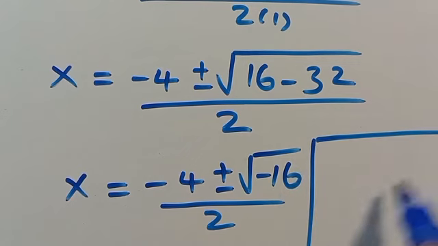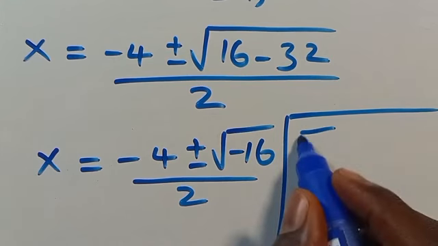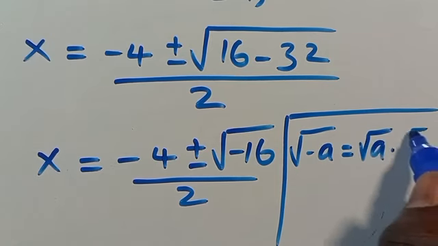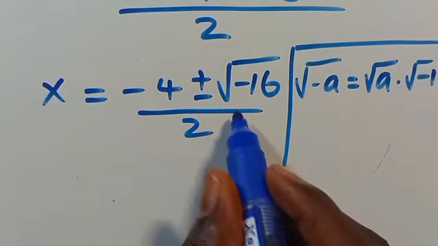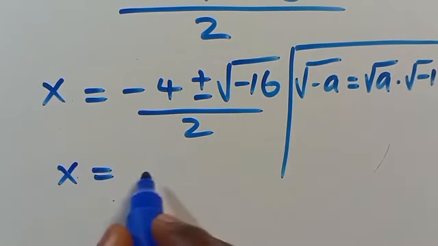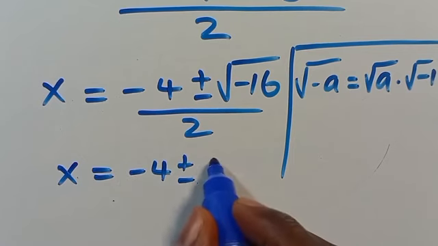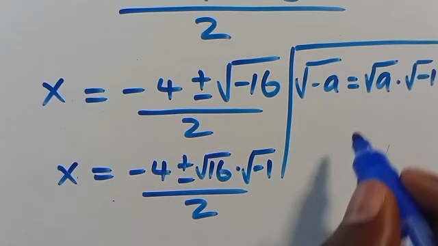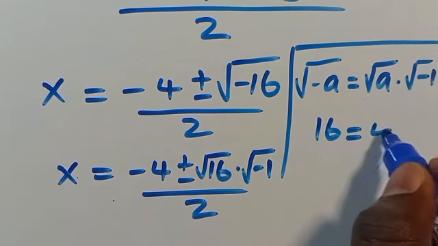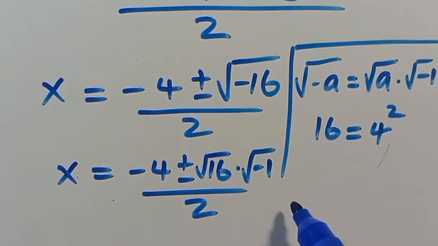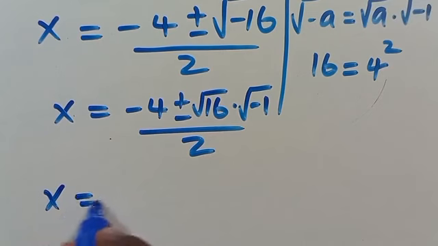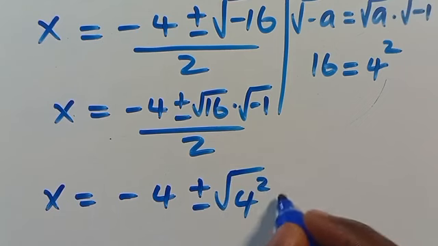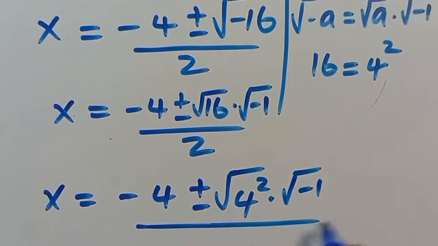But let us note that when we have square root of minus a, it equals root a multiplied by root of minus 1. So let's apply to this root of minus 16. x will be equal to minus 4, positive or negative, root of 16 multiplied by root of minus 1, all divided by 2. But note that 16 is a perfect square, so we have it to be 4 to the power of 2. So here will be x equals minus 4, positive or negative, root of 4 to the power of 2 multiplied by root of minus 1, divided by 2.